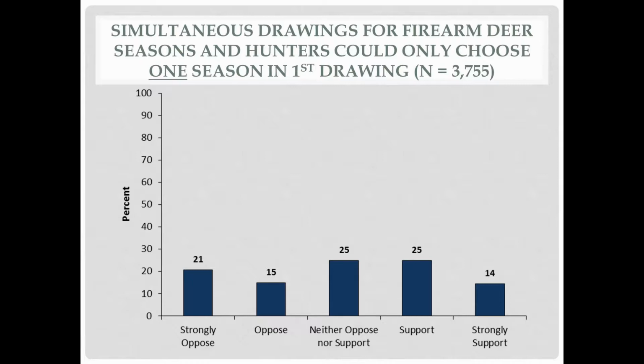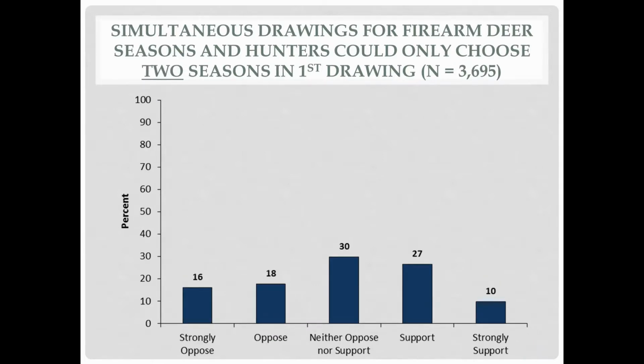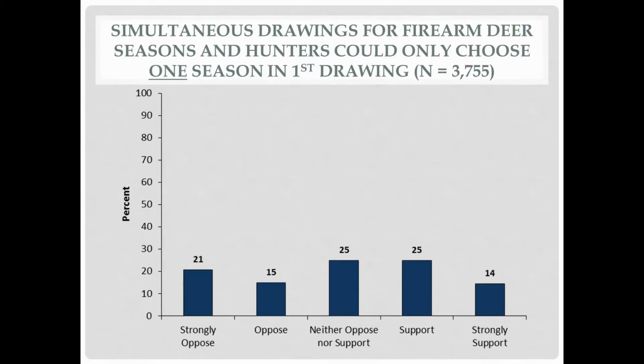I believe it was either August or June or something like that, back in the summer. And really, you get on here and you pretty much see a flat line across. It's not equal distribution across all categories, but it's pretty close. 39% have some level of support for this. 36% have some level of opposition, and about a quarter are on the fence.